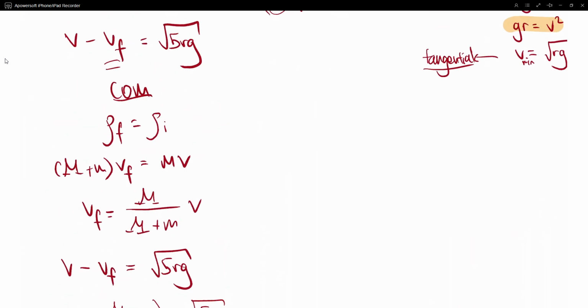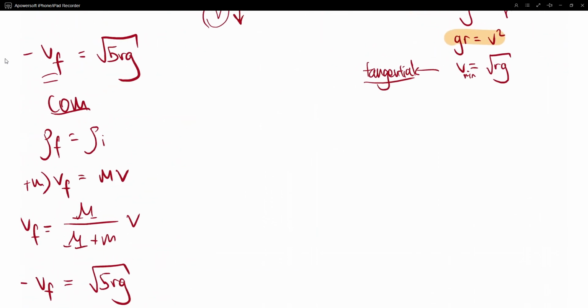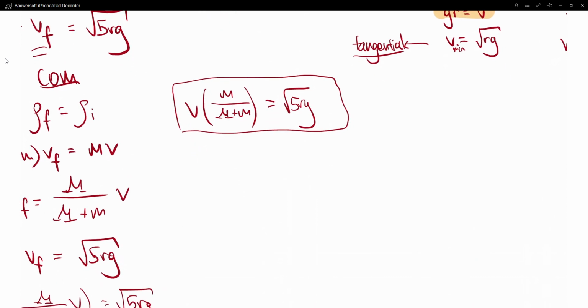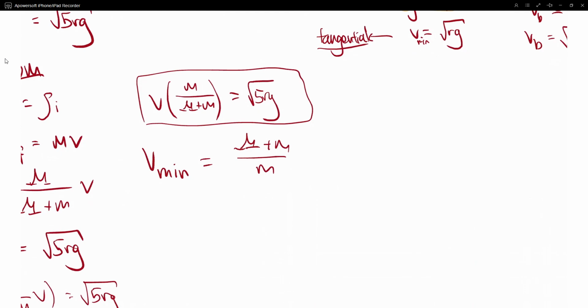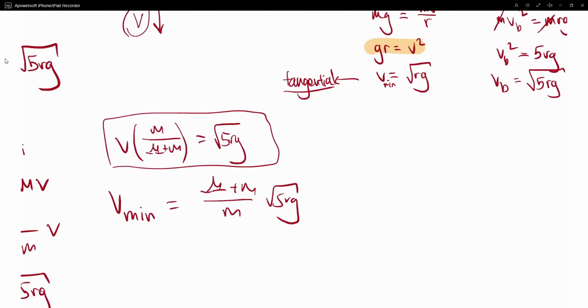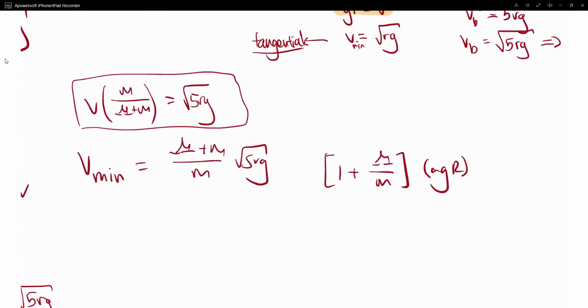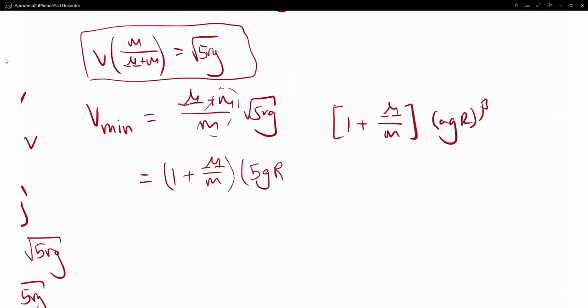So we can already find your v minimum, which is simply (M plus M) over M times root 5rg, which is very similar to the form they want us, which is 1 plus M over M, times A gr to the power of B. This M over M is just 1 plus M over M. 5rg is just 5gr, because small r is the radius, it's the same thing.